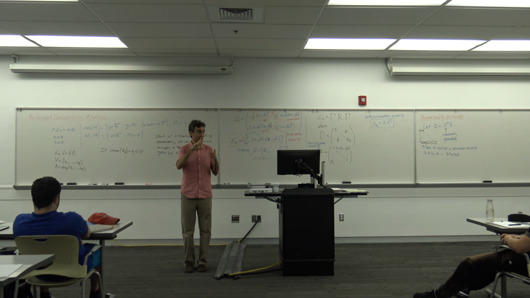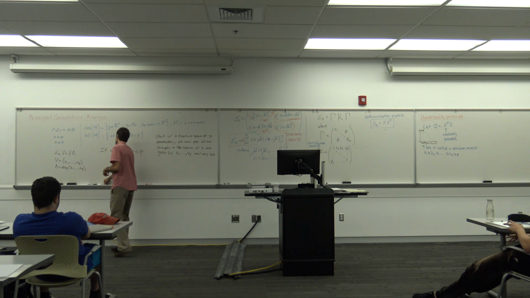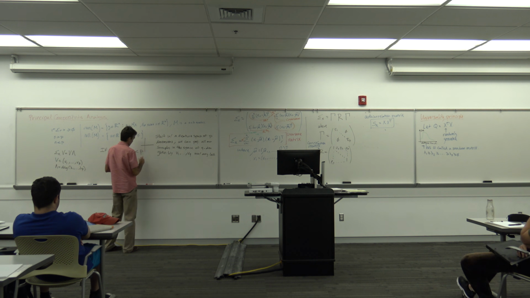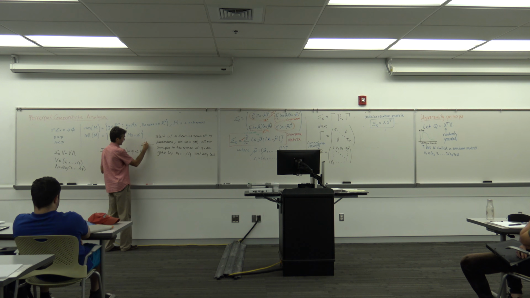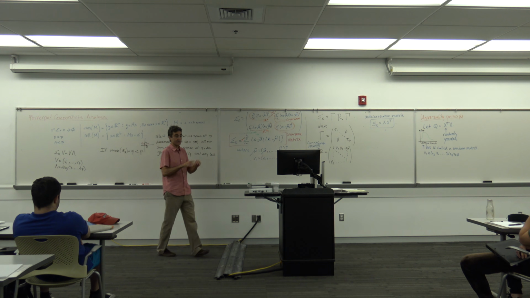Because the original basis vectors, if I had here in my 2-dimensional space, let's call them E1 and E2, have been rotated by V1 and V2, the eigenvectors, right? So this is the same as rotating my space. That's a rigid transformation. Okay? So that's all I'm doing.